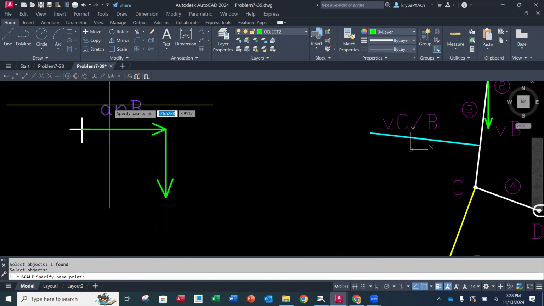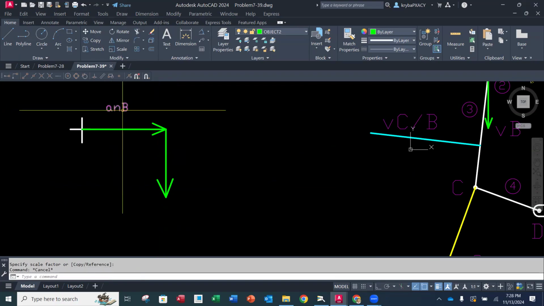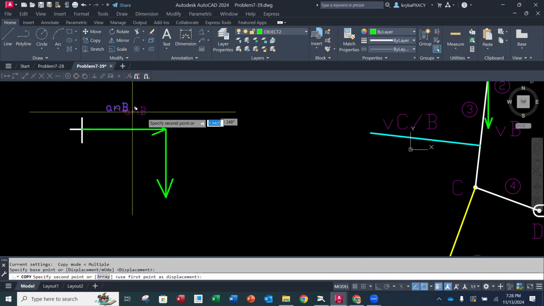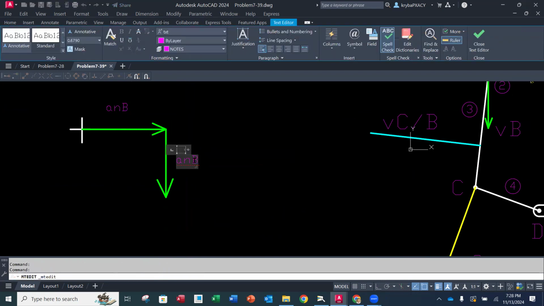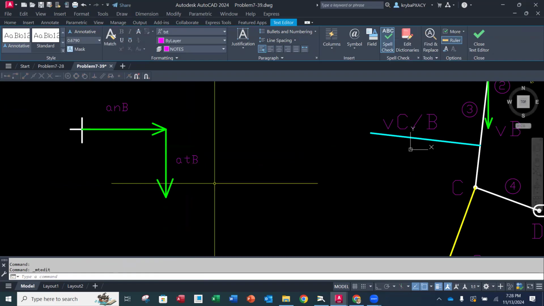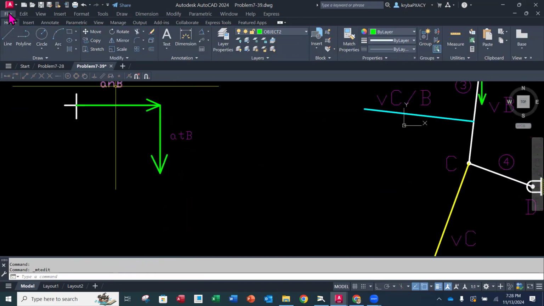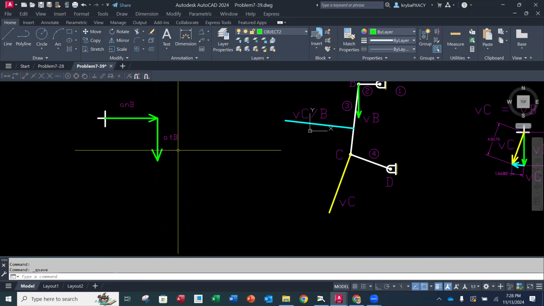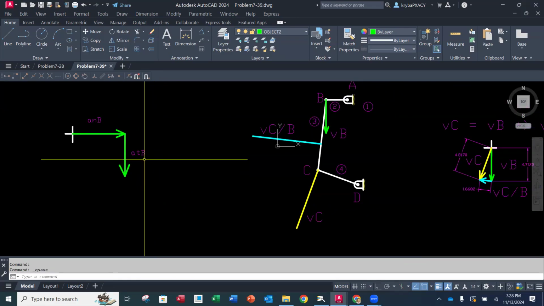I'm going to scale this down a little bit. Mine is just I think they're a little big. So this is going to be the tangential of B. Okay. There we go. Any questions so far?